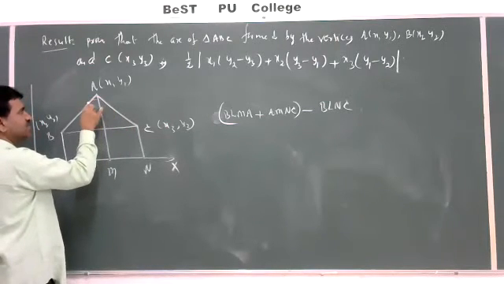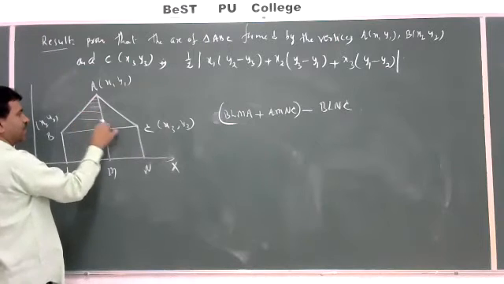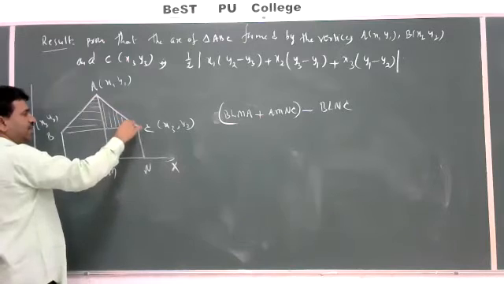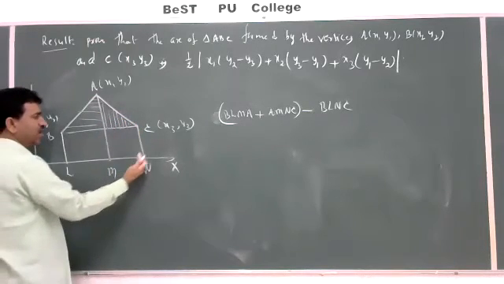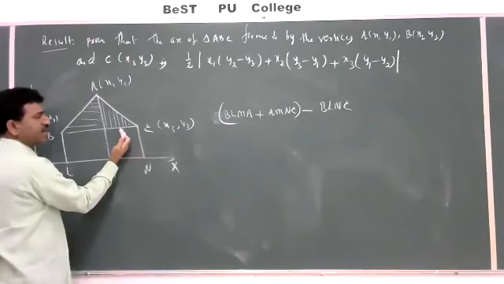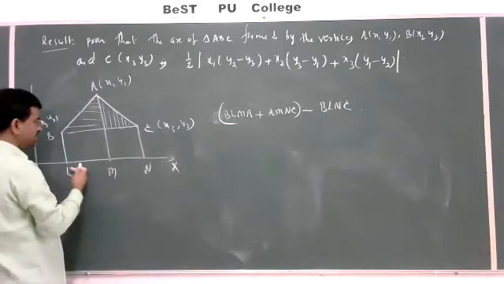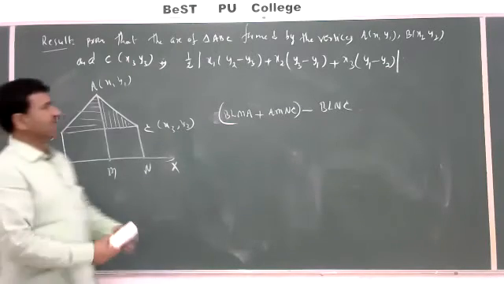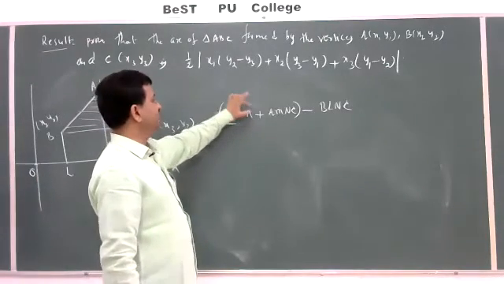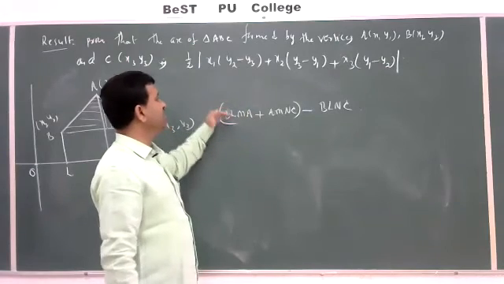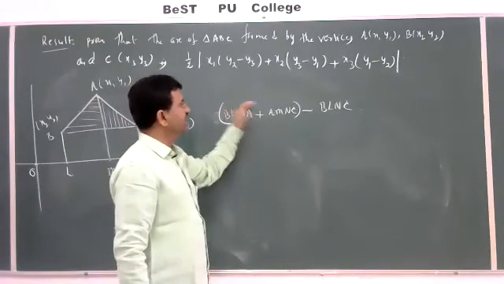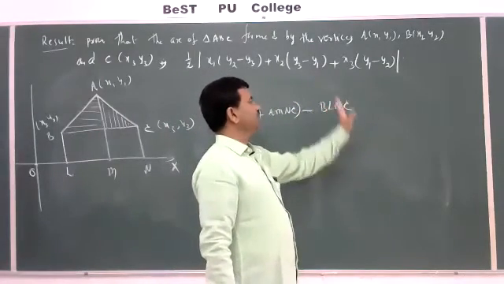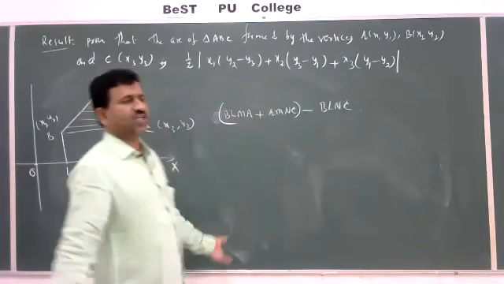This is required for us. This one and this one are required for us. To get this total one, we have taken this total, and we have to subtract this one. So what is this area? Trapezium BLNC. This is the idea. Area of the trapezium BLMA plus area of the trapezium AMNC minus area of the trapezium BLNC. That's all.